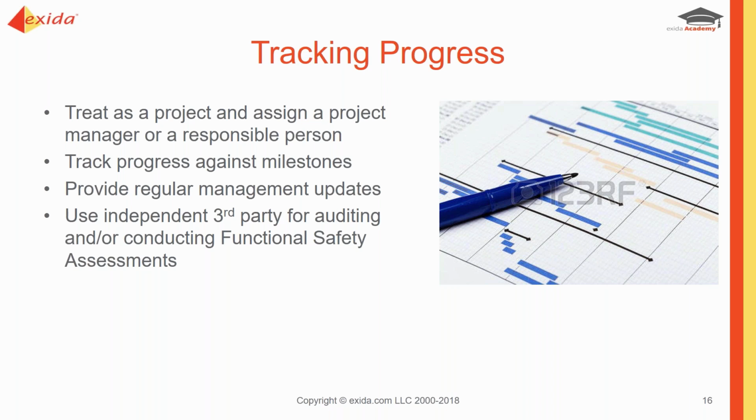So if things are going awry, then we should be able to see that fairly quickly, and corrective action can be taken. It then provides visibility to management, so you can provide regular updates, and you can use independent third parties to do the auditing or to do the functional safety assessments. Just makes things easier and cleaner, because the impartiality and independence is clear.